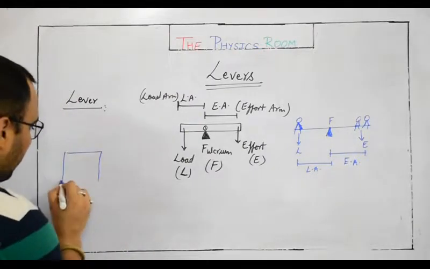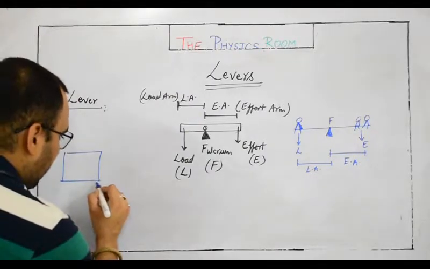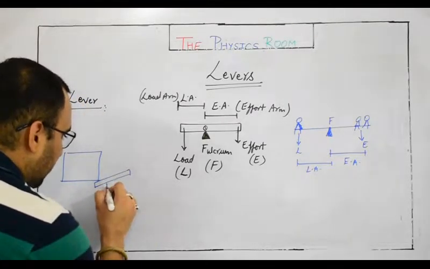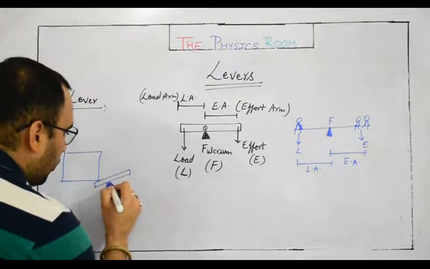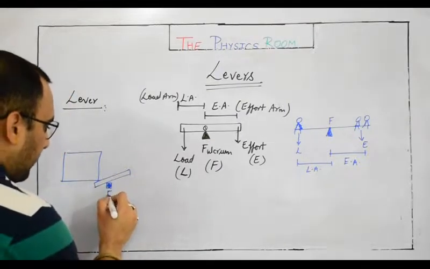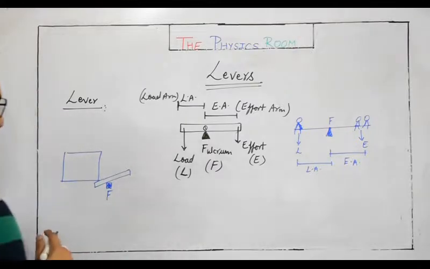This is the rod, and they have placed a brick. About this brick, the rod is free to rotate. So this brick is treated as the fulcrum or pivot point.